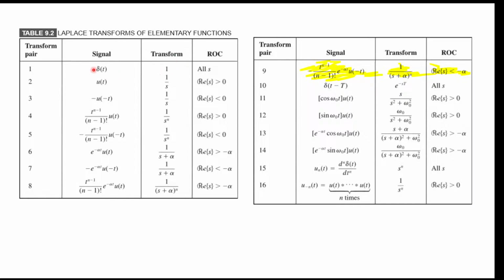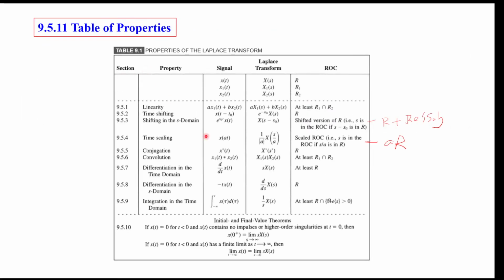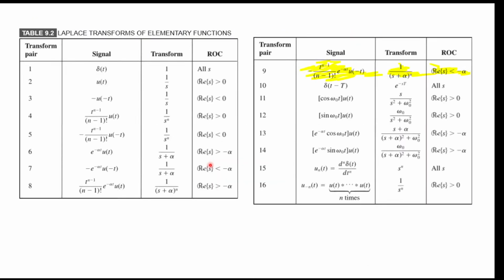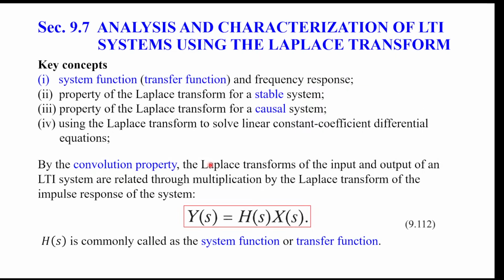Then for s to the n, you can just use the differential property. Having s to the n here means you get the nth order differentiation on your time domain signal. That's the differential property. Okay, so that's everything.